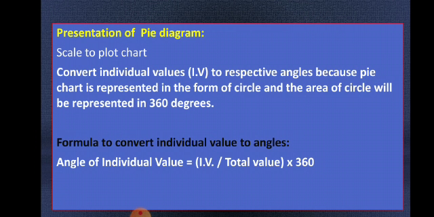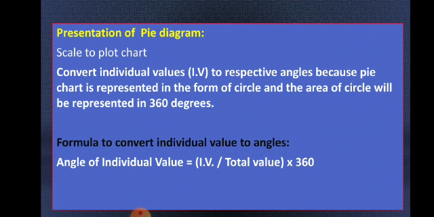As you know, a circle is represented as a 360-degree angle. Because a pie chart is in the form of a circle, and the area of the circle is represented in 360 degrees, we have to convert all the individual values into respective angles.